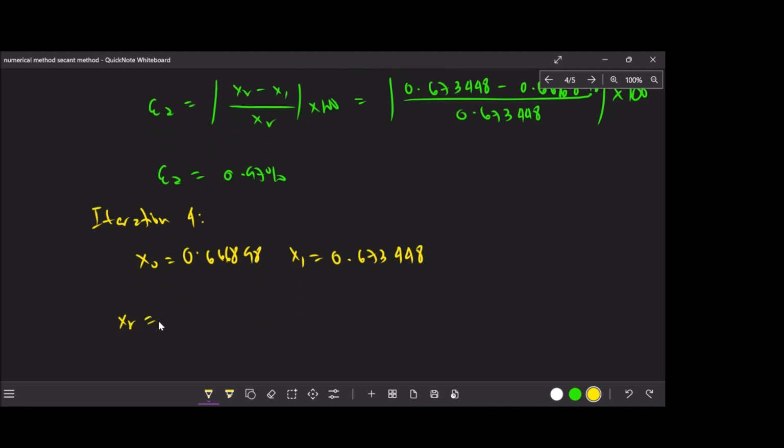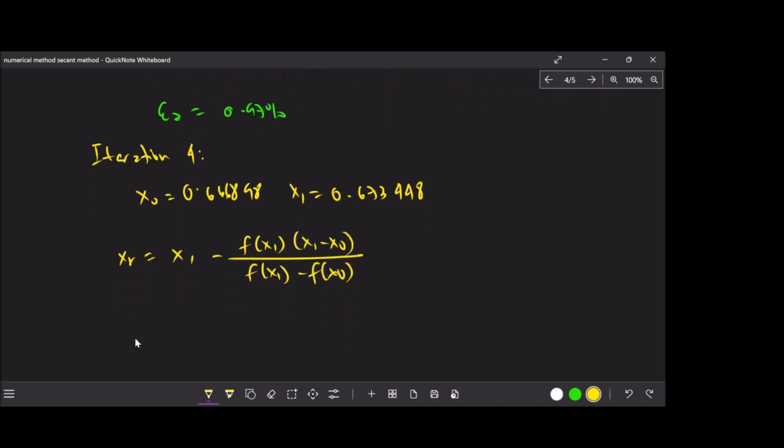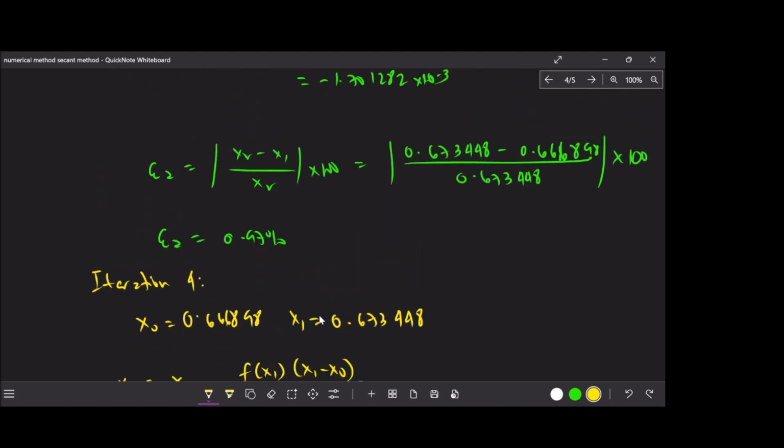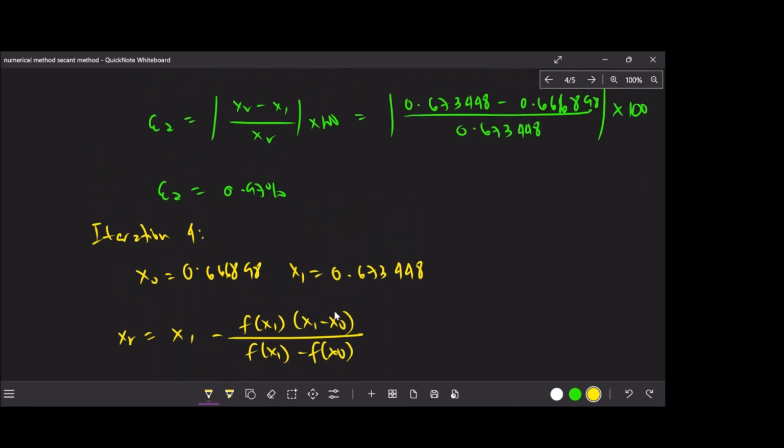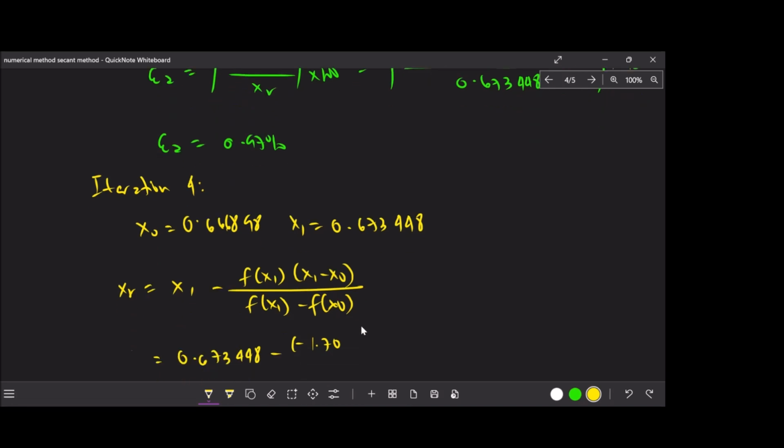So solving for xr, we have x1 minus f of x1 times (x1 minus x0) over (f of x1 minus f of x0). Okay, so substituting the values, we have 0.673448 minus f of x1, which we have solved earlier, so that is negative 1.701282 times 10 to the power of negative 3.